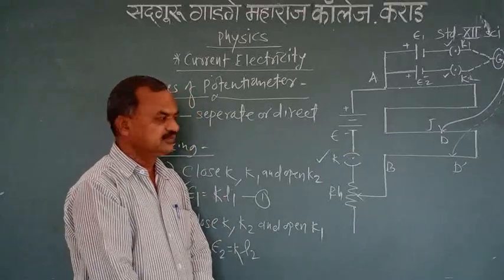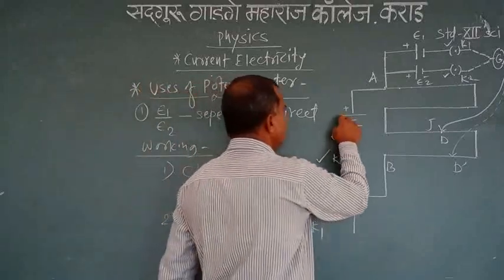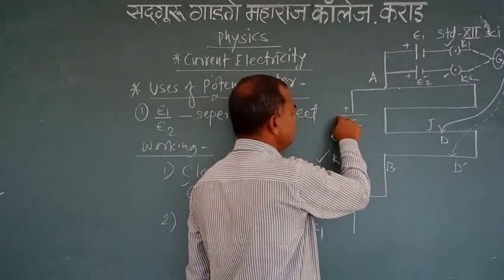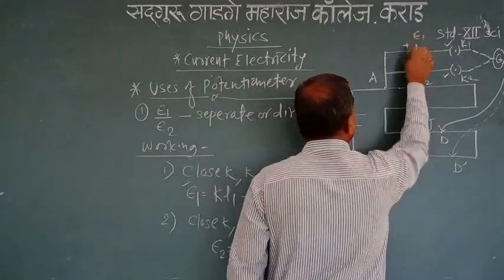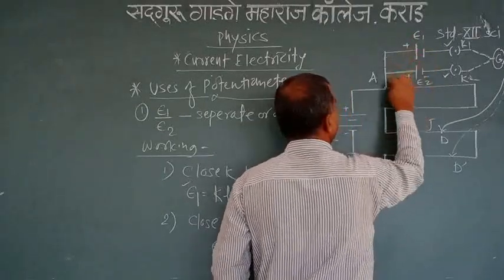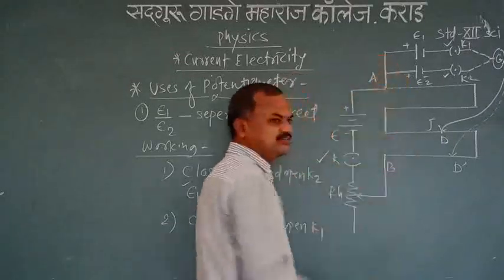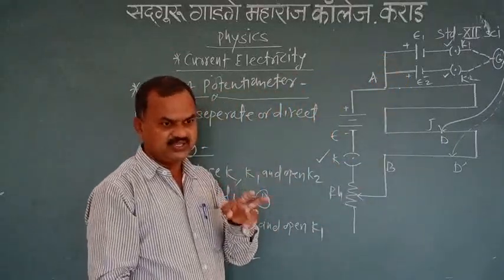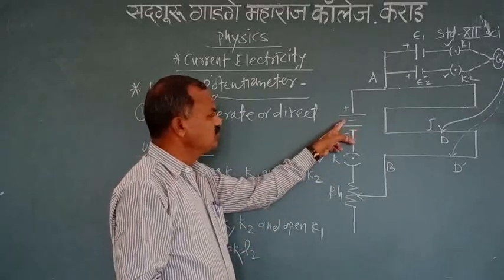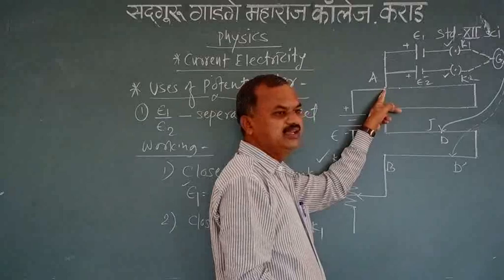In this experiment, the condition is that positive terminal of source of EMF and two given cells, positive terminal of first cell, positive terminal of second cell, must be connected at end A of the wire. We repeat again, positive terminal of source of EMF and positive terminal of given two cells to be connected to end A of wire.